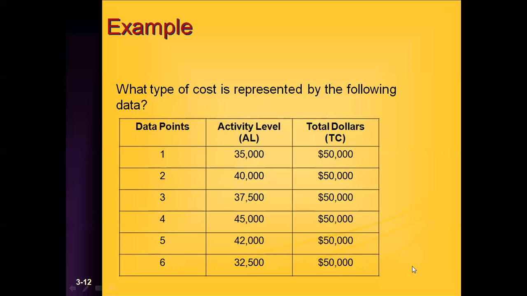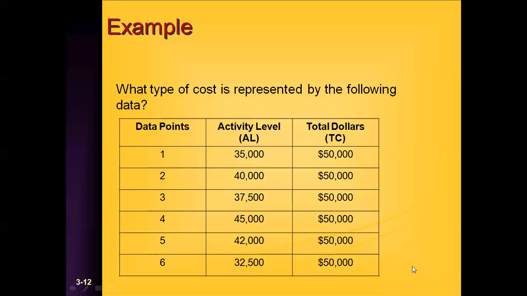Even though the number of units produced is jumping around, the total dollar cost tends to be uniform. 50 at 35,000 units, 50 at 37,500 units, $50,000 at 32,500 units.